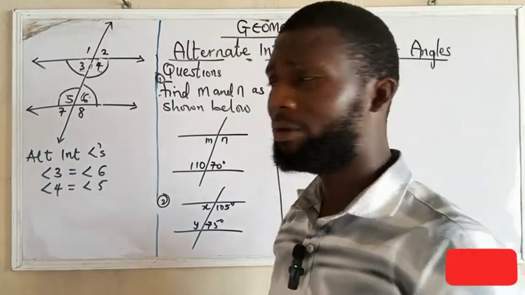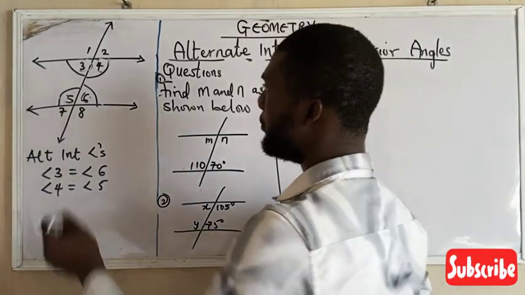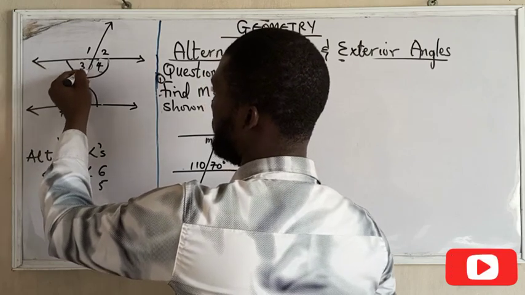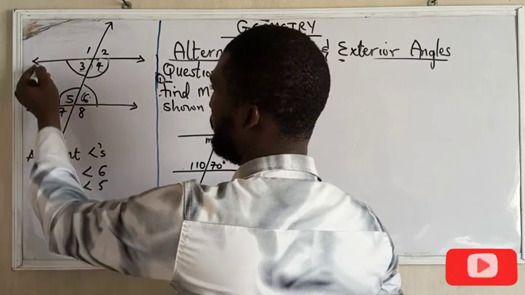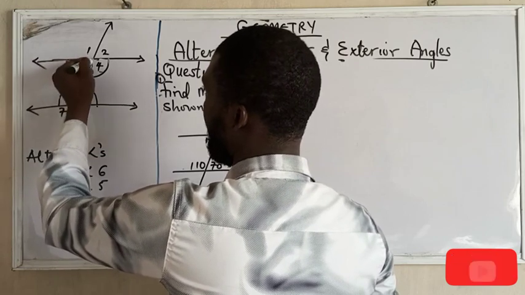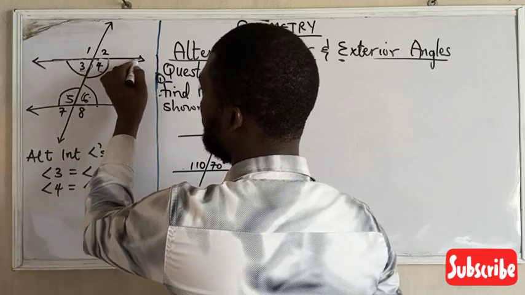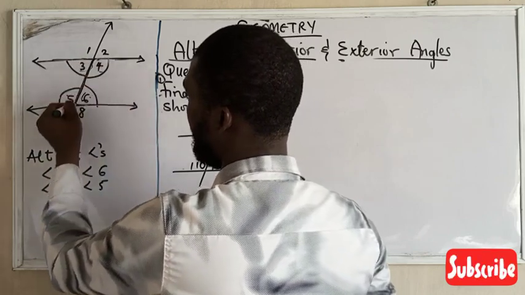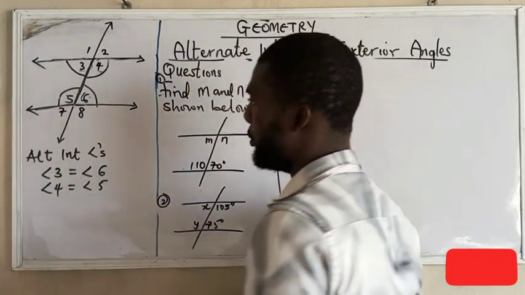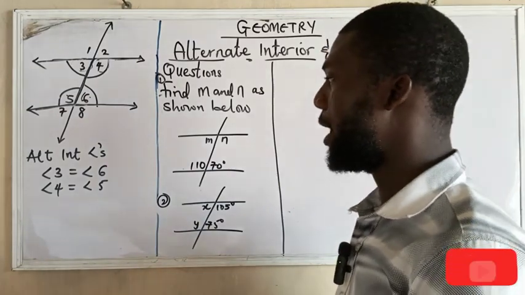And if you want to understand this better, you can as well say that if you can form a Z shape, can you see a Z shape? From the Z shape I have here, it is very clear that angle 3 is equal to angle 6. And also my Z shape here is very clear that angle 4 is equal to angle 5. So that is for alternate interior angles.